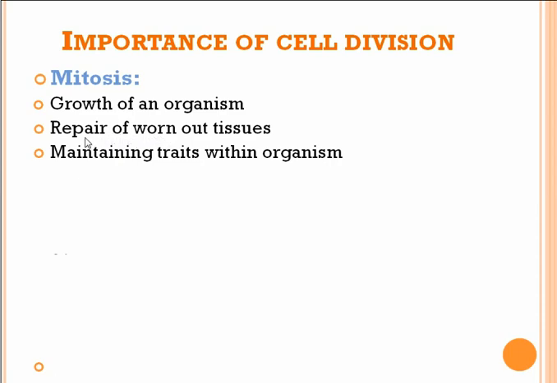Those cells which cover that part which is damaged are produced by a process of mitosis. Since we saw that the cells which are formed are always identical and have the same genetic makeup as the parents, maintaining a trait, a characteristic within a population of organisms becomes very simple. Those are the importance of mitosis.